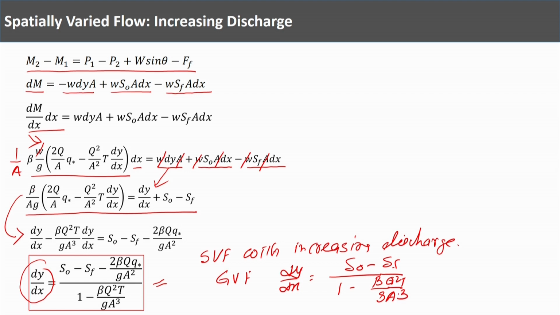So, what is the difference between GVF and SVF with increasing discharge? We are getting an additional term, this term: twice beta Q q* divided by g A squared. So, this is the additional term we are getting in case of spatially varied flow with increasing discharge.